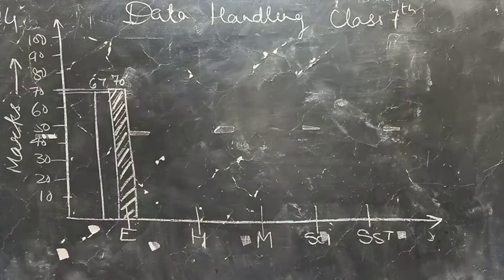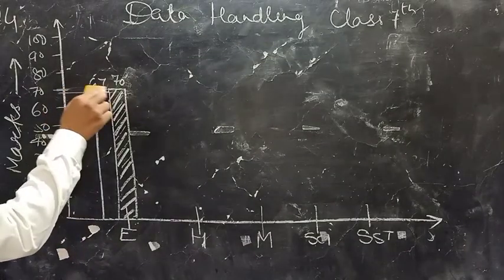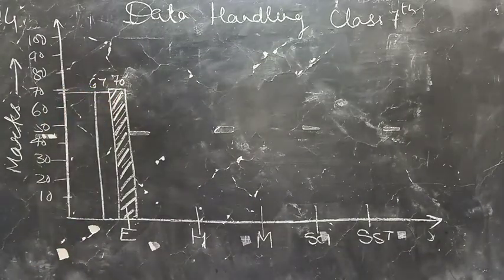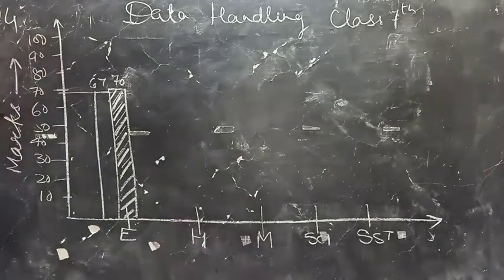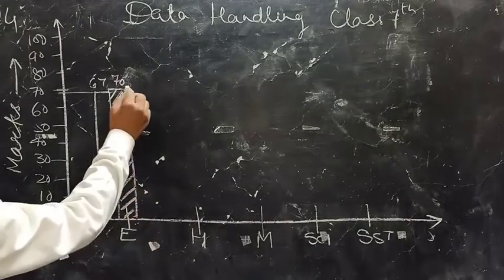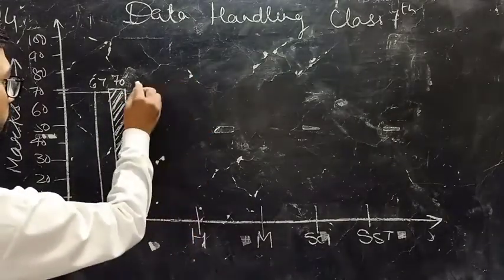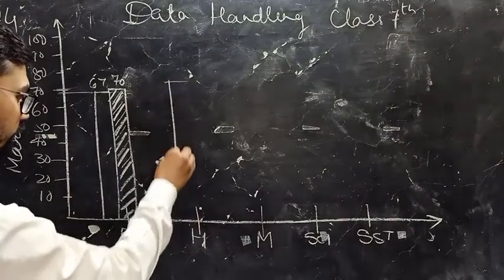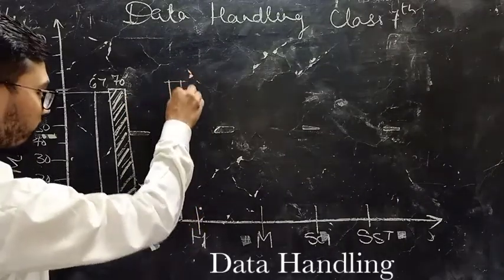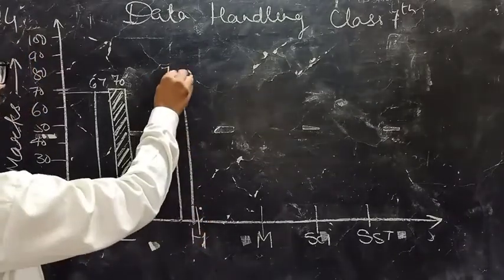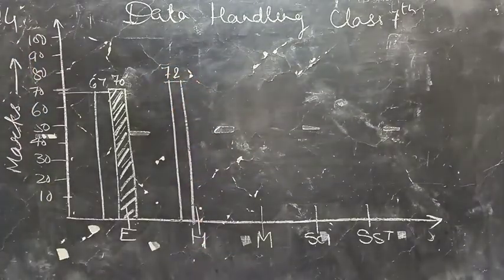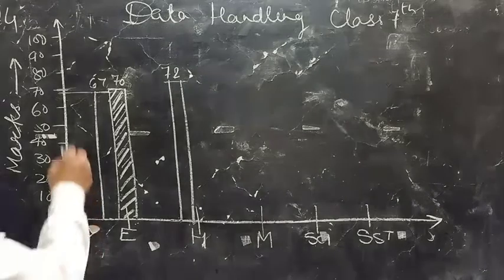Now in Hindi, in the first term he got 72 marks. That means somewhere above 70, right? So let's say this is showing 72. I'll write 72 here. These are the marks he got in Hindi in the first term, and then he got 65 marks.